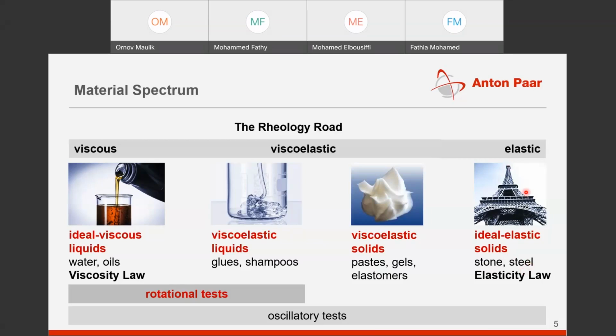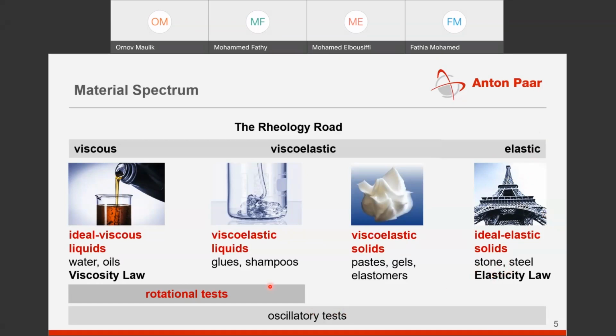These types of materials usually follow an elasticity law, but these materials also are somewhat viscoelastic depending upon certain criteria. For example, if I increase the temperature of steel, after a certain point, it will melt and start flowing. So all of the material which is present in this world is mainly viscoelastic in nature, although considering the ambient conditions, we can say that steel or stone is an ideally elastic material.